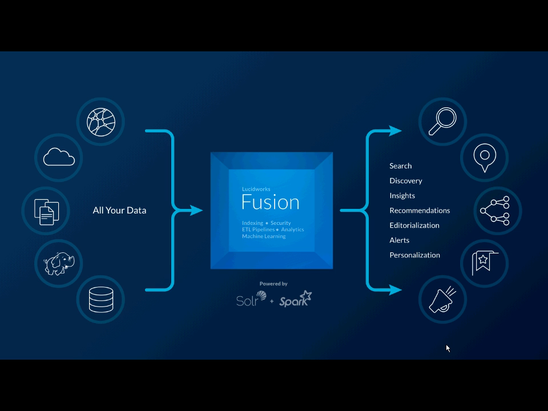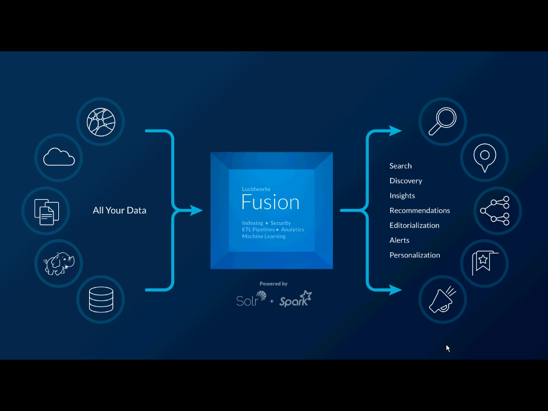It's being fed into Fusion, where we're leveraging Fusion's connectors, and we're then able to use Solr to do some of the indexing. It's going through pipelines and security, and all that stuff is being taken care of at Fusion's level. Then over on the right-hand side, the output is also being handled by Fusion, where we can do simply searching, we can do some discovery, as I was talking about with facets and things like that, gaining some insight into the data.